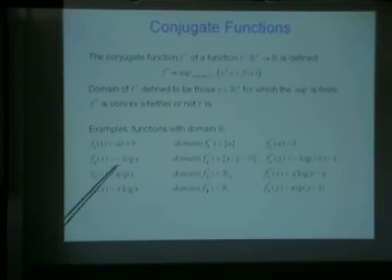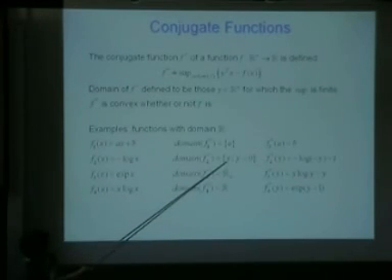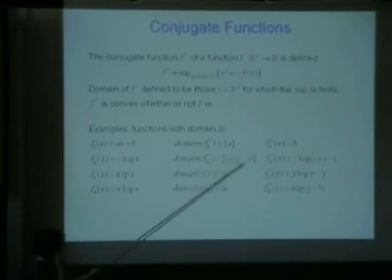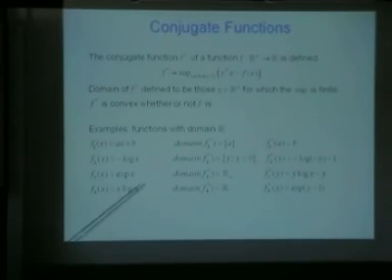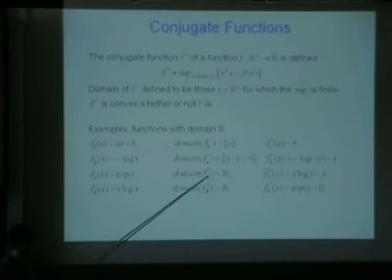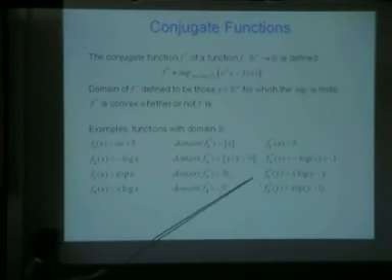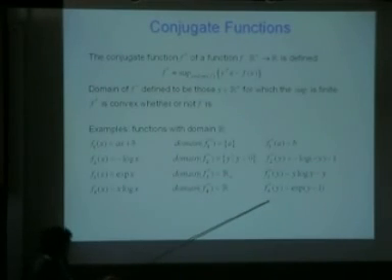For minus log x, the domain of the dual is negative numbers, and it's also just a log. For e to the x, the entire positive line is the domain of the dual, and this is what it is. And finally, x log x, the entire line is the domain of the dual, and that's the dual function.